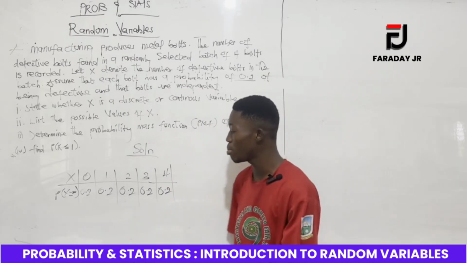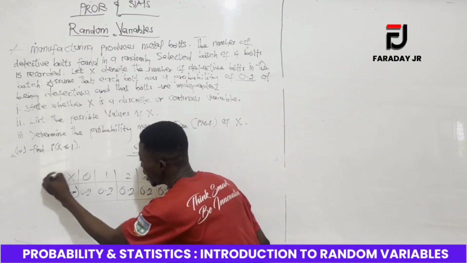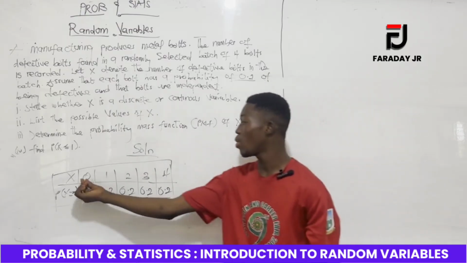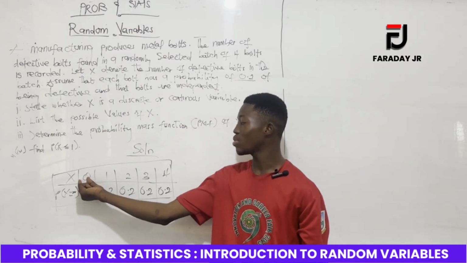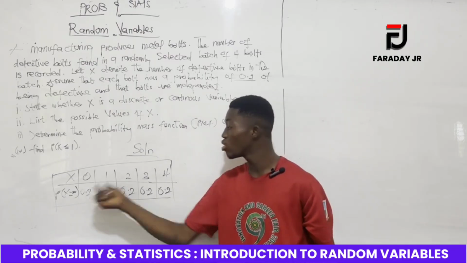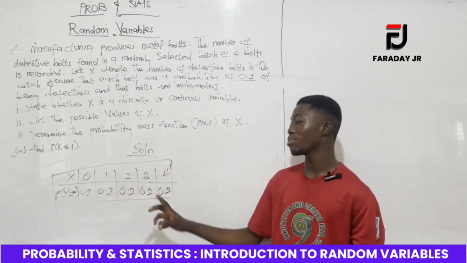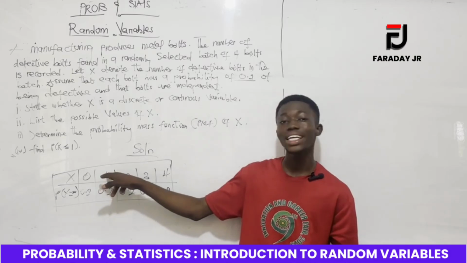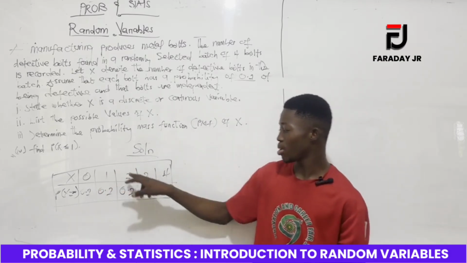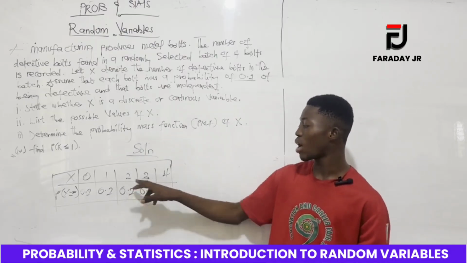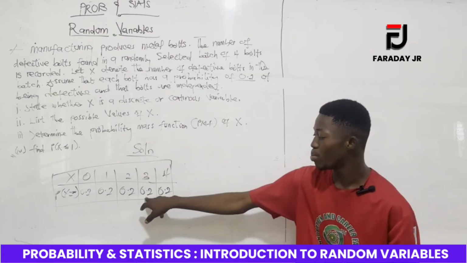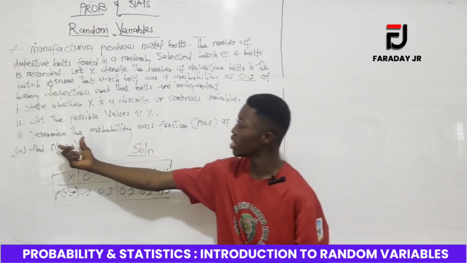This is simply the probability mass function of the question stated above. It tells us that for the random variable with the value 0, the probability of getting 0 defective bolts is 0.2, which is the same as 1 over 5. The probability of getting 1 defective bolt is also 0.2. The probability of getting 2 defective bolts out of 4 is 0.2. The probability of getting 3 defective bolts is 0.2, and so on.